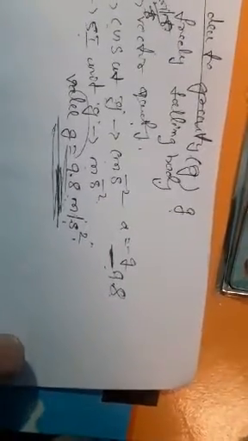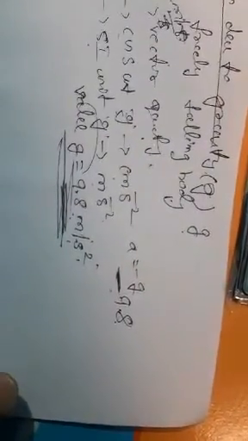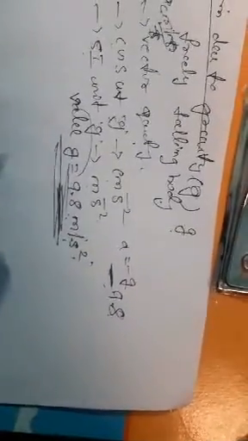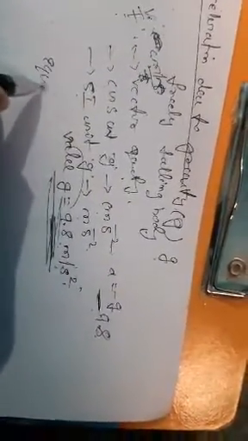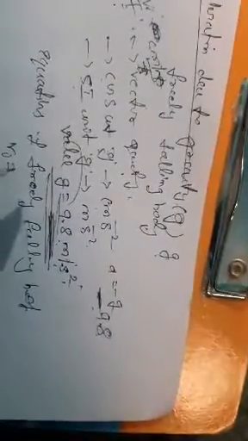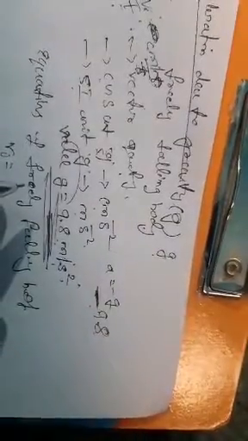What are the equations of motion of a freely falling body? There are three equations of motion. For a freely falling body, when a body falls on the earth, the initial velocity is 0.